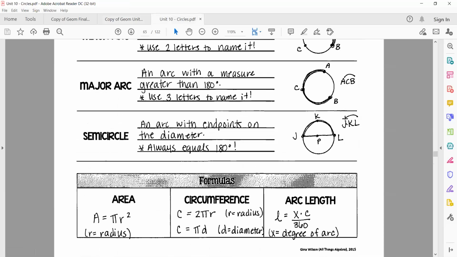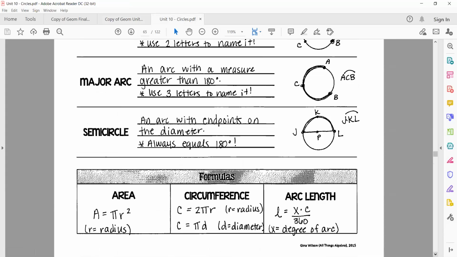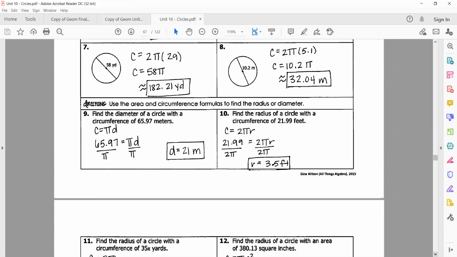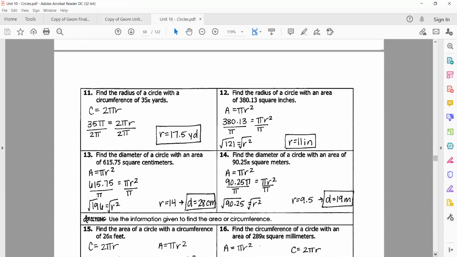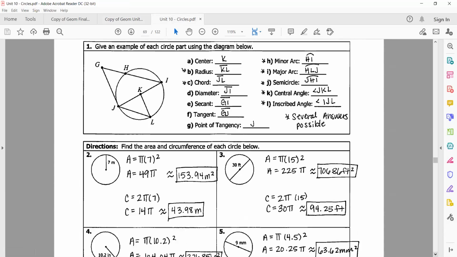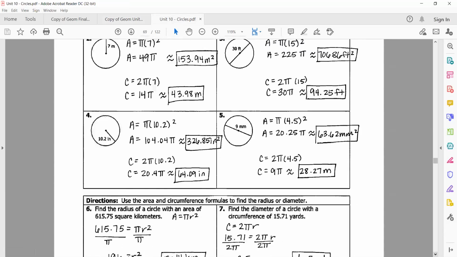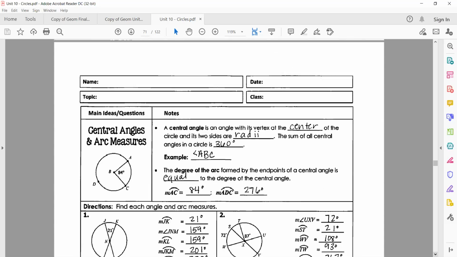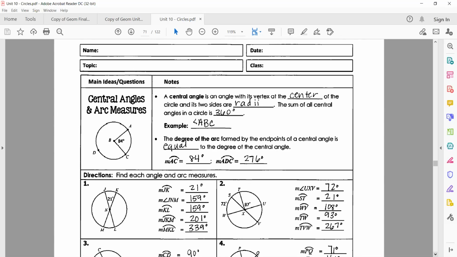So let's see if I'm right. Again, this packet doesn't match what you guys have. Here we go. All right, there we go.